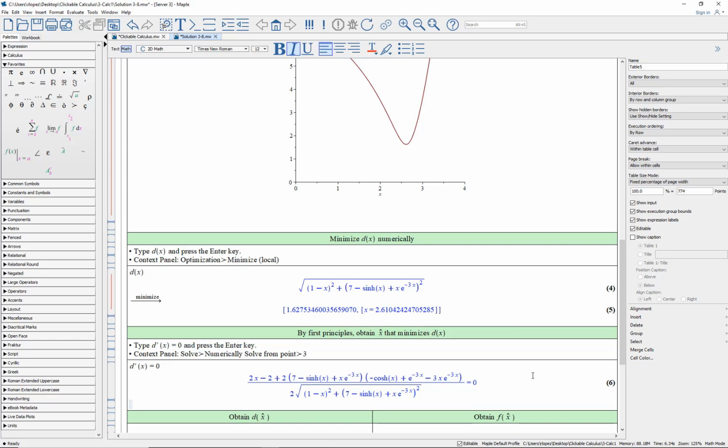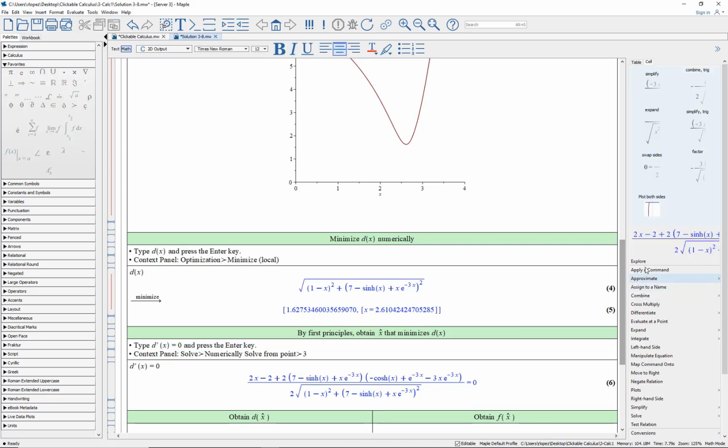You're not going to get an analytic solution out of that. You have to solve numerically. So go here to solve. If you say numerically solve, you don't know where Maple will start the Newton iteration that it's going to use from. So tell Maple where to start it. We know the 0 is going to be between 2 and 3.